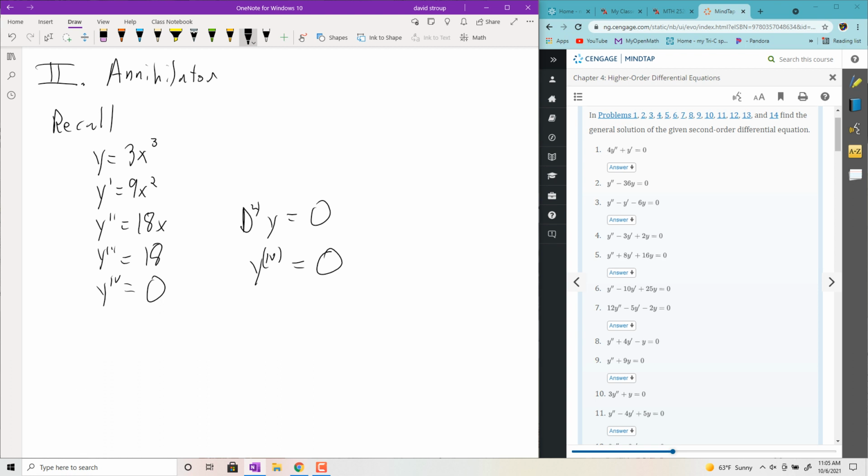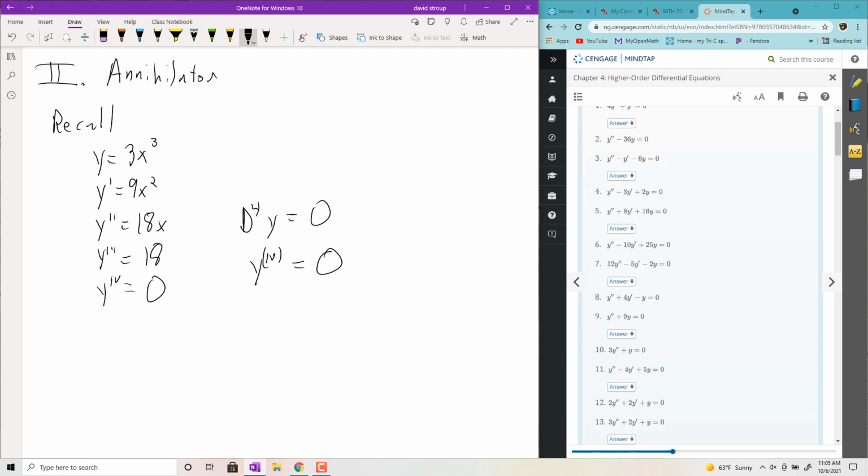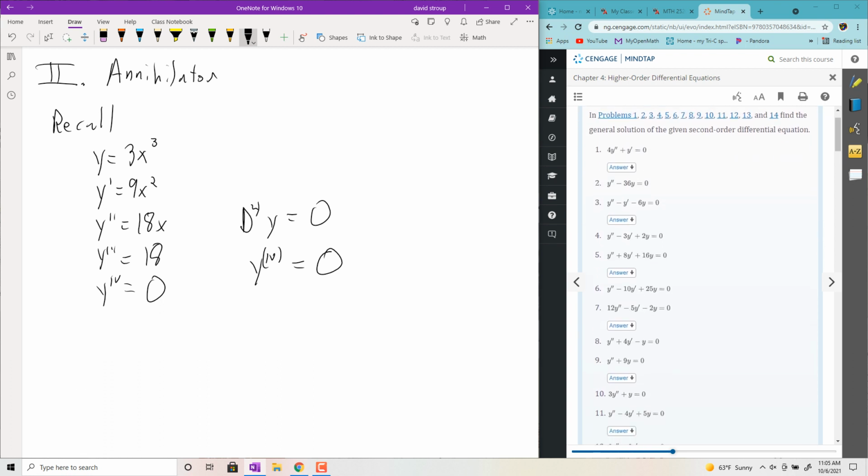What we're looking for in general are ways of annihilating functions. How can I take a derivative of it in a weird sort of way that causes it to be 0? That's all we've been doing up to this point. In the previous chapter, 4.3, that's all we did with homogeneous differential equations.